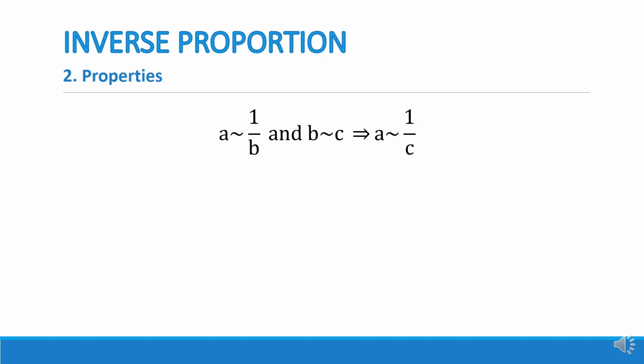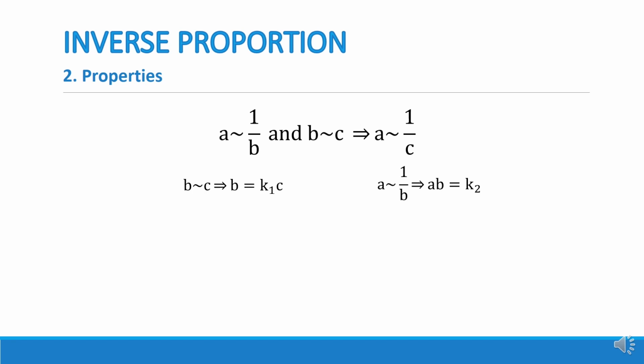Seeing that B is directly proportional to C, there must be a non-zero constant K1 such that B equals K1C. Also, A and B are inversely proportional, so there is a non-zero constant K2 such that the product of A and B equals K2.